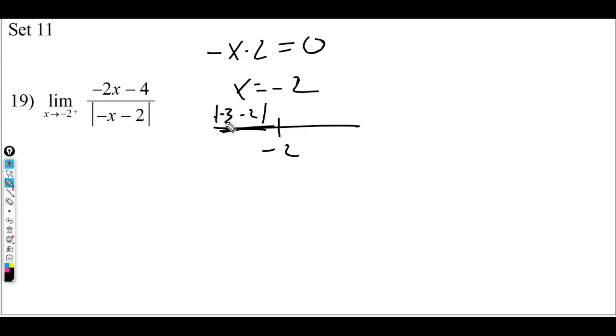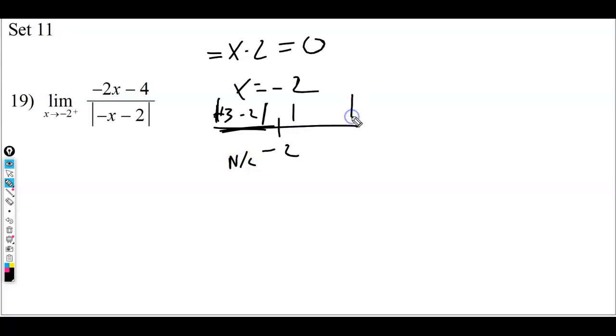Now, if I do -3 take away 2, will the absolute value signs change? Well, first of all, we have negative in the front, and then we're plugging in a -3. So double negatives makes a positive. So we have 3 take away 2, which is 1. Will the absolute value bars change 1's sign? The answer is no. So there's no change on this side.